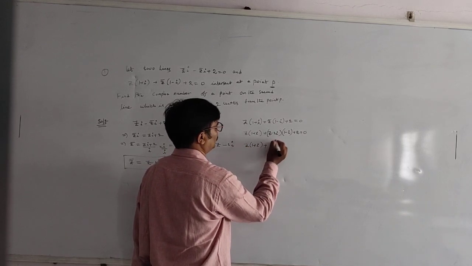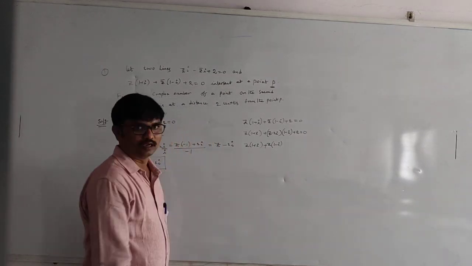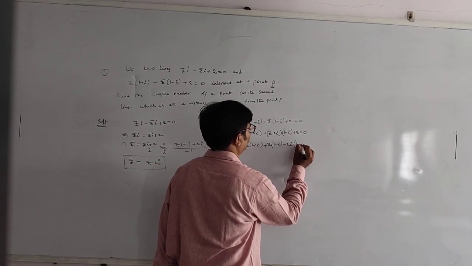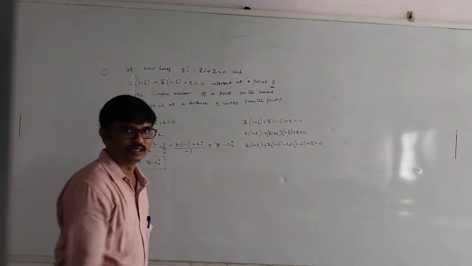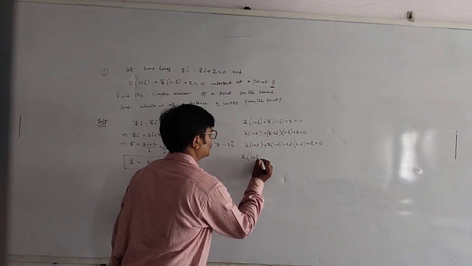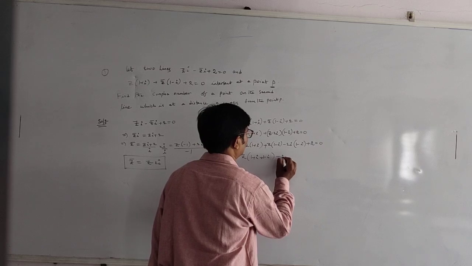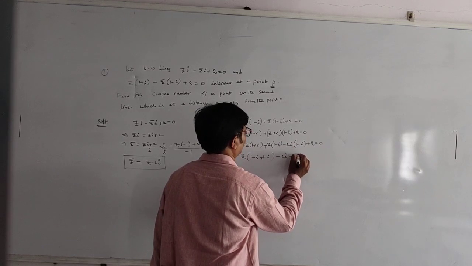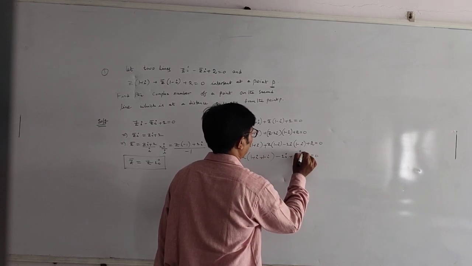After that, z you have to multiply with 1 minus i. After that, the minus of 2i into 1 minus i plus 2 equal to 0. Now students, z is the common: 1 plus i, 1 minus i, minus of 2i minus minus plus 2i square plus 2 equal to 0.